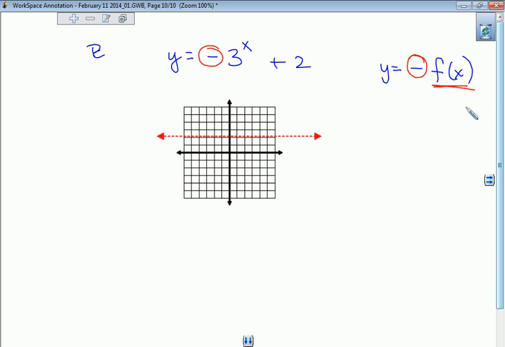Good. It causes a reflection over the x. So instead of this being exponential growth up here, it's going to get reflected down here. So instead of going left 1 up 1/3, I'm going to go left 1 down 1/3. Down 1. Down 3. There's my graph.